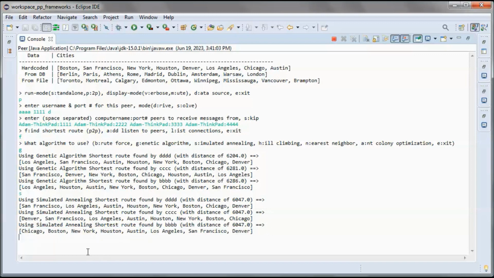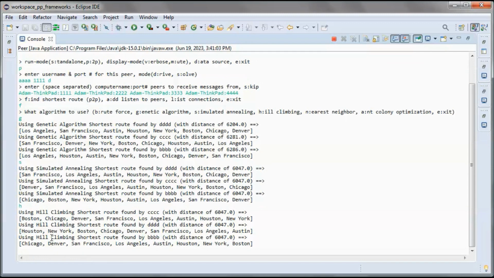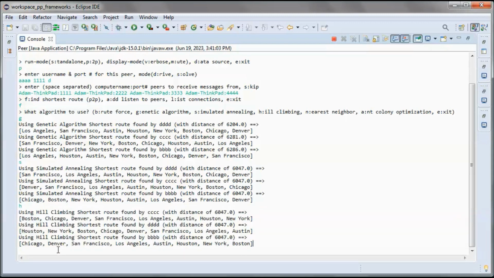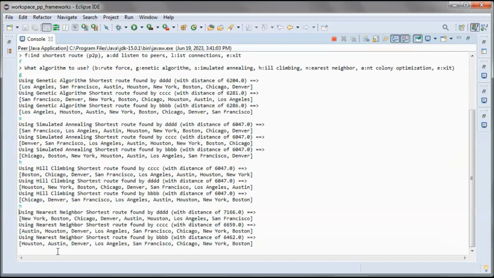And same thing if we use hill climbing, we get those three routes, and if we use nearest neighbors, we also get those three routes.